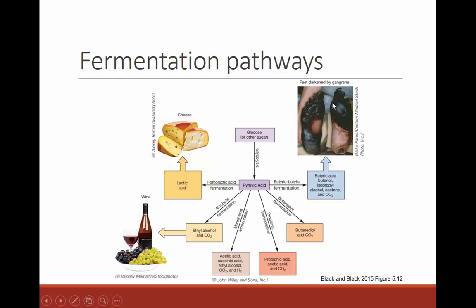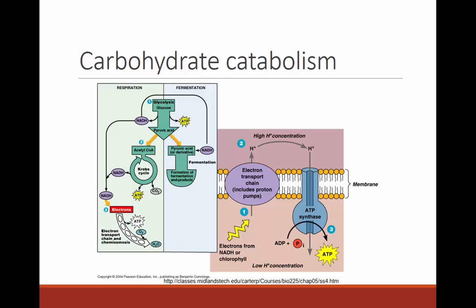Okay, so the main causative agent of gangrene is Clostridium perfringens, and when it enters the tissue and there's no oxygen, then it can undergo that particular type of fermentation and cause that necrosis of the tissue. Okay, so it's kind of juxtaposed with the lactic acid and the wine.